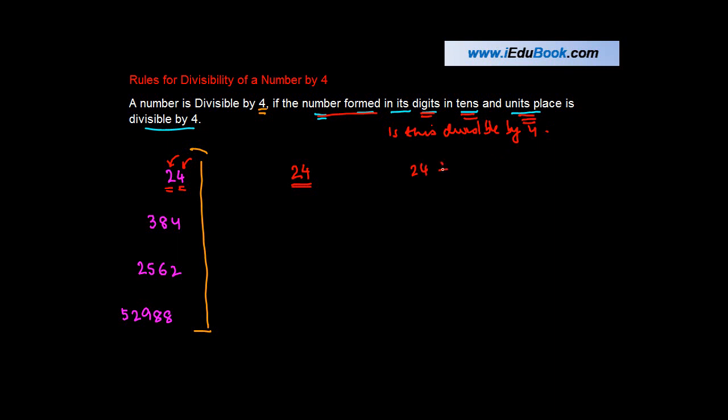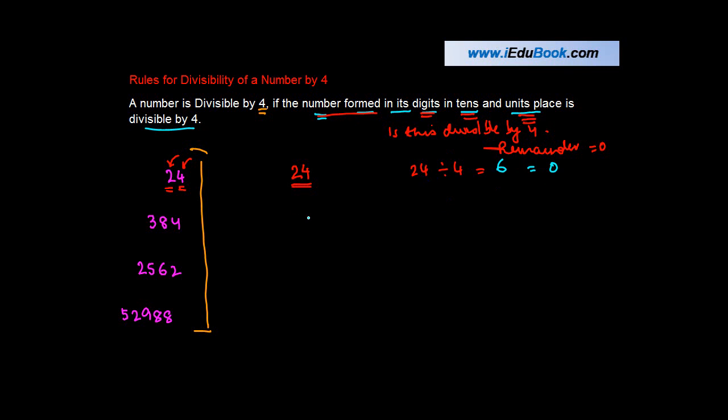So 24 divided by 4 should leave a remainder of 0. In fact, in this case I can easily tell you that the quotient is 6. 6 times 4 is 24, and the remainder will be 0.